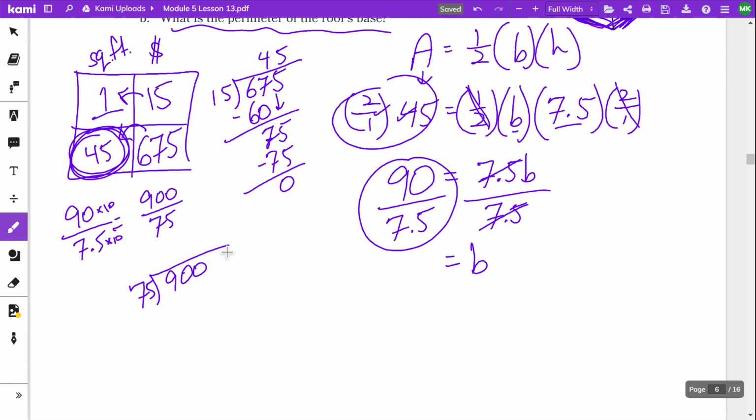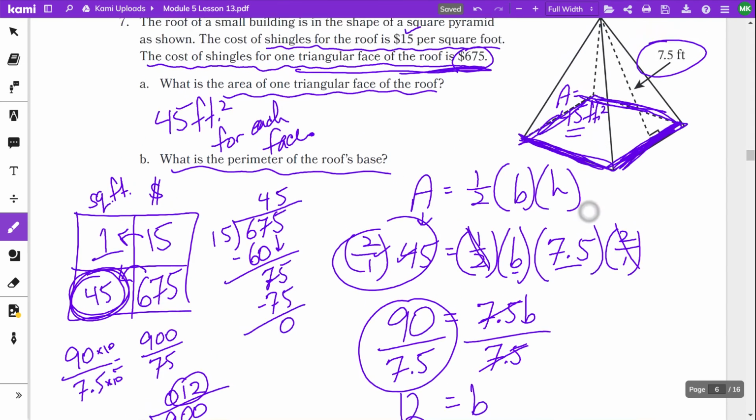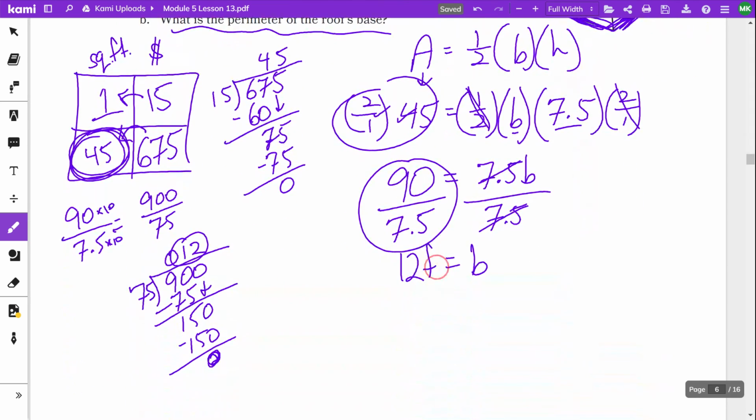Now I can divide. So this goes 0, that goes once, that's going to be 15. Put this guy down there. That goes twice for 150. And he's done. So my base is 12. What is this, feet? Should be feet. Yep, 12 feet.